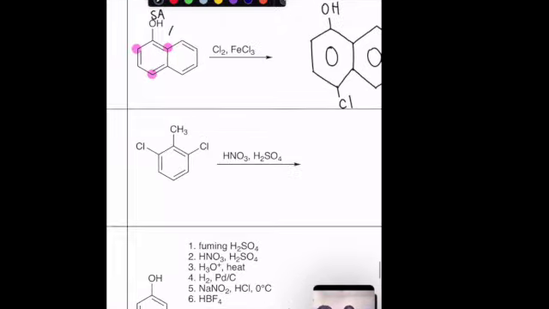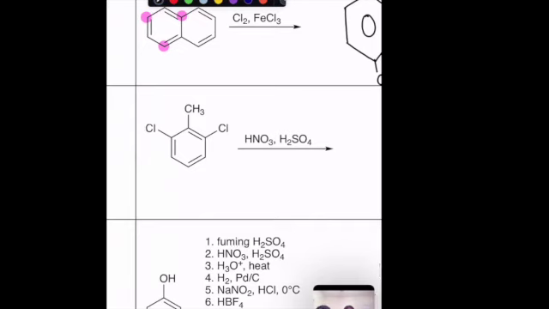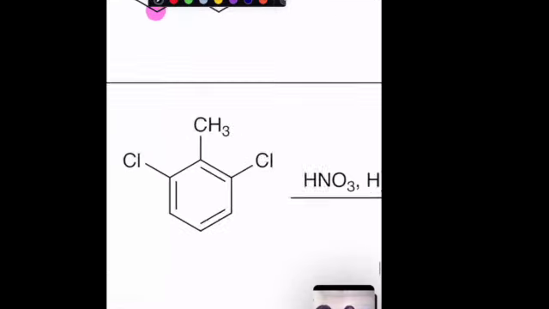Next, what do we have here? We have this majiggy, and we have HNO3, H2SO4. Immediately, she just adds that NO2 right on. Quite simple, short, and sweet. But how do we know where it adds? Well, this CH3 right here is a weak activator. Cl, she's going to be a weak deactivator.